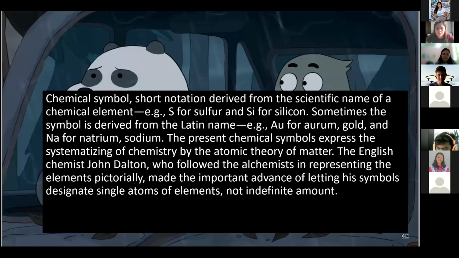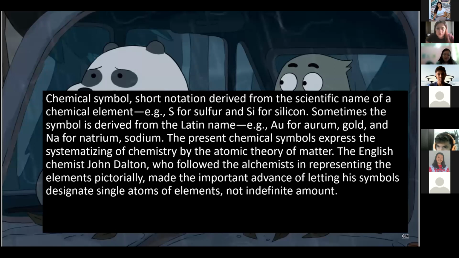So where did the symbols of the elements derive? So a chemical symbol or short notation is derived from the scientific name of a chemical element. Example, S for sulfur and Si for silicon. Sometimes the symbol is derived from the Latin name. Example, Au for aurum stands for gold, and Na for natrium stands for sodium.